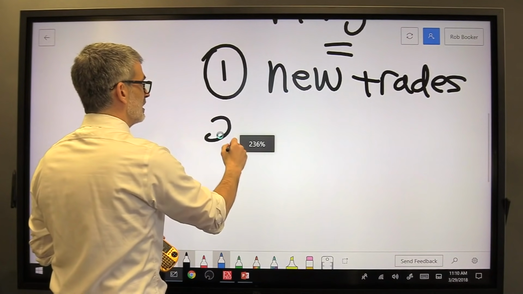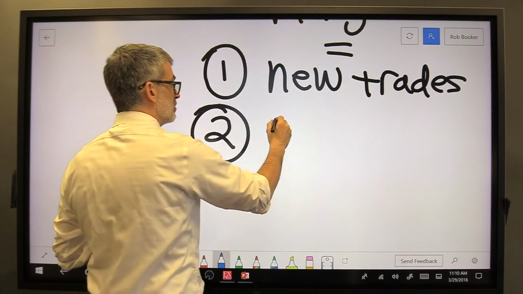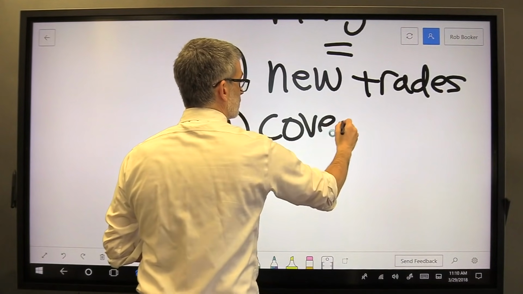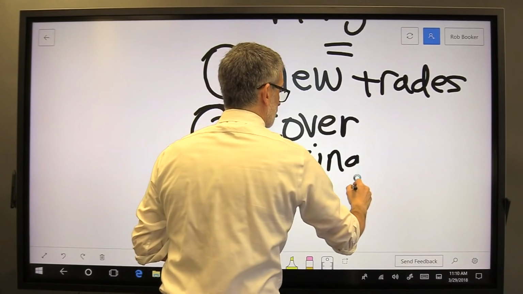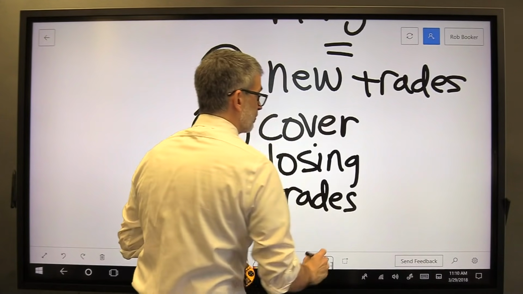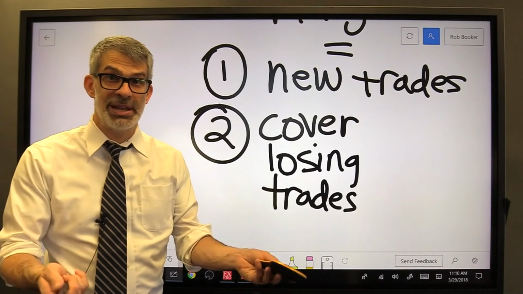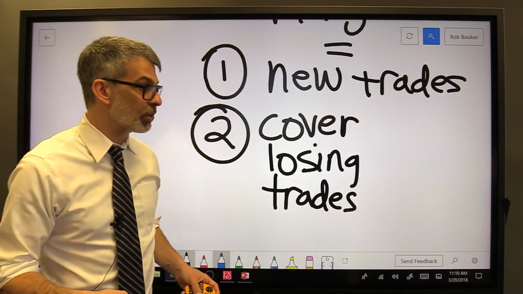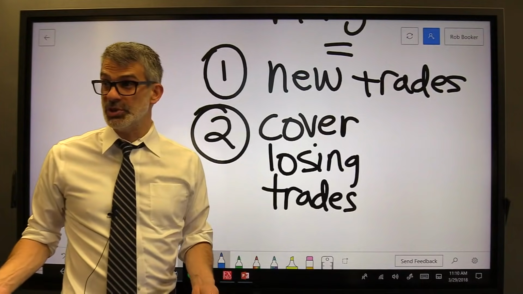But that's not the only thing that your free or usable margin is used for. It's used to cover losing trades. As your trades are losing, and if you're not taking good trades and they're going the wrong way, and you're losing money, you have less usable margin.